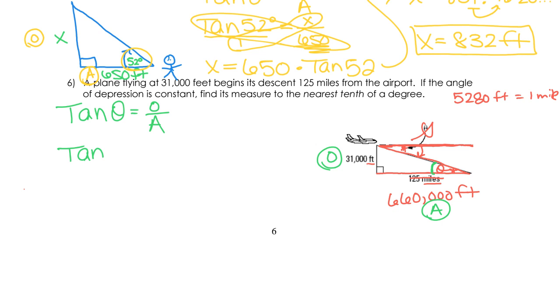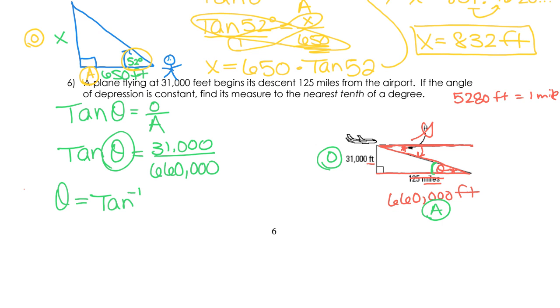Remember, theta is my angle, and that is what I'm trying to solve for. My opposite side is 31,000, and my adjacent side is 660,000. Okay, because I am solving for an angle, we're going to use our inverse keys and say theta equals tangent inverse of 31,000 divided by 660,000.